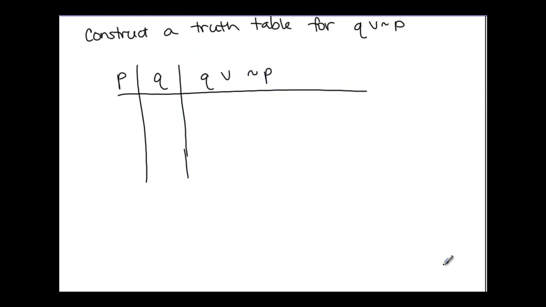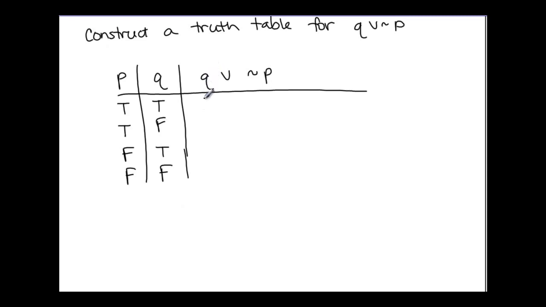Now let's look at a second problem where we're asked to construct a truth table for the statement Q or negation of P. So we'll do the same thing as before. We have 2 simple statements here in which we would begin the P column with true, true, false, false, Q, true, false, true, false, and that gives us all 4 cases and combinations for those 2 statements being either true or false.